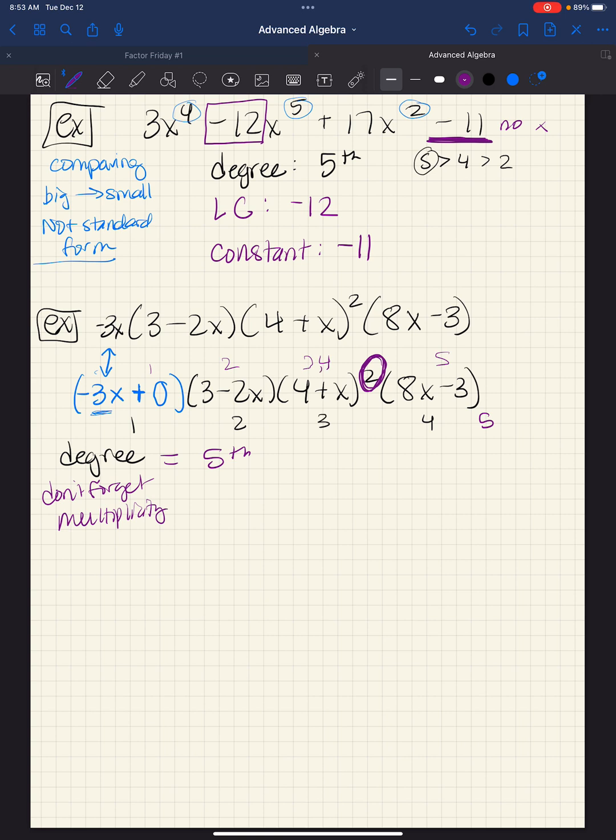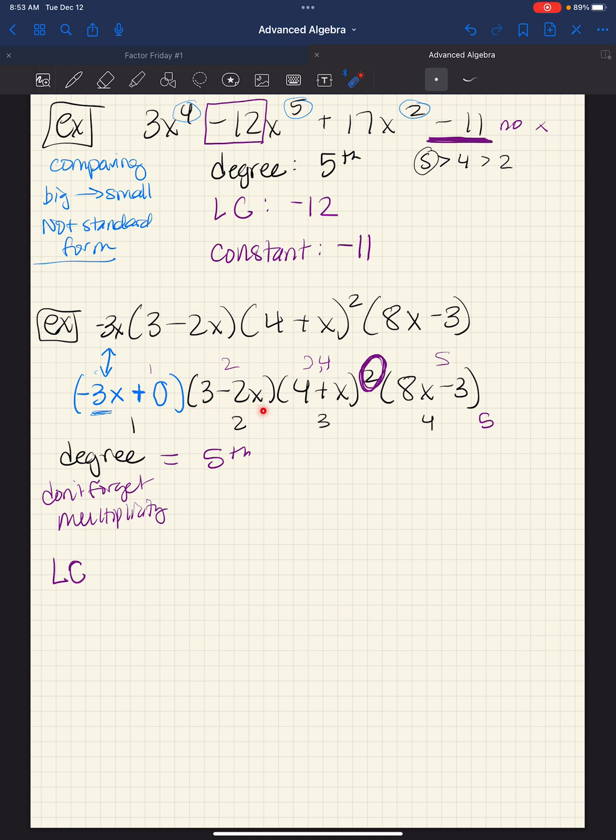All right, leading coefficient is a little bit trickier. It requires us to either multiply the whole thing out, which sounds like a lot of work, or just really ask ourselves, where does the leading coefficient pop up in a standard form polynomial? We know that the leading coefficient is in front of the degree. And from our basic understanding of two binomials foiling together, FOIL, right? I mentioned FOIL a lot. F stands for firsts.